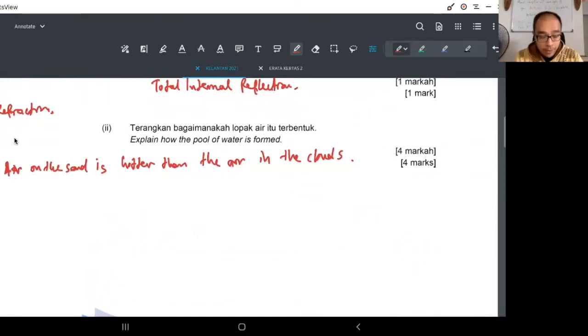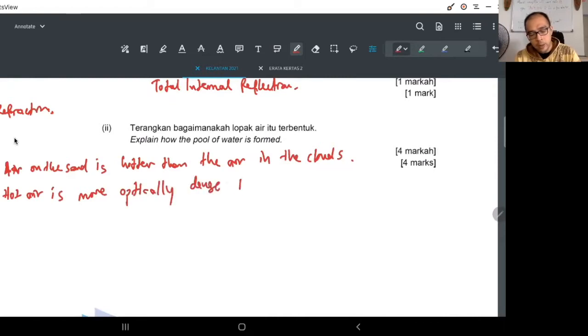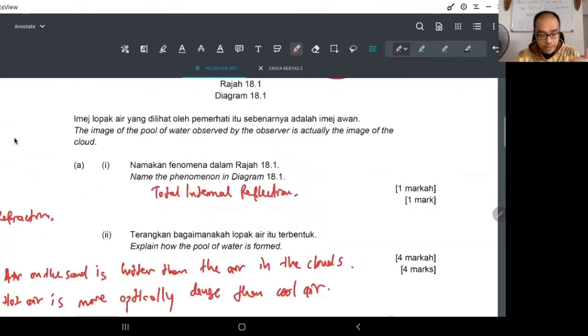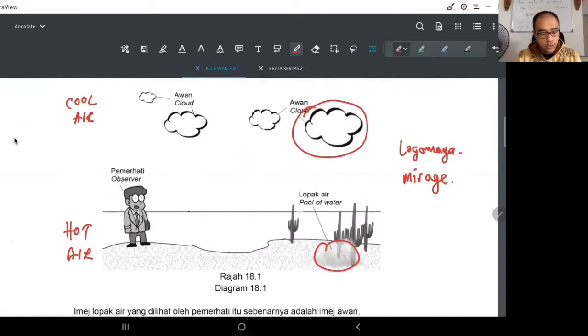So because of that, hot air is more optically dense than cool air. Since this is hot air, the optical density is higher than this one, which is low optical density.